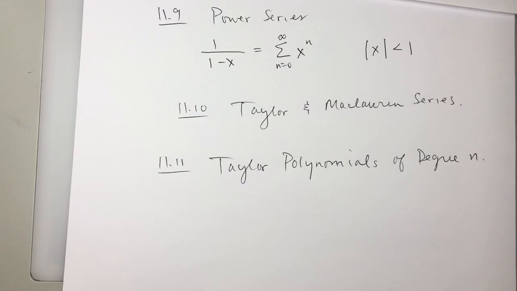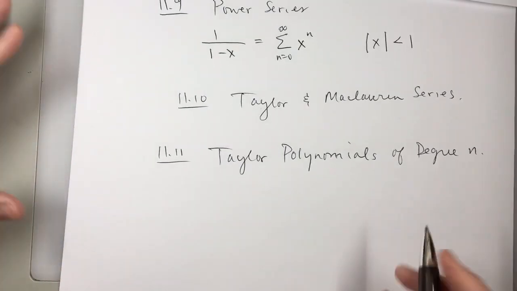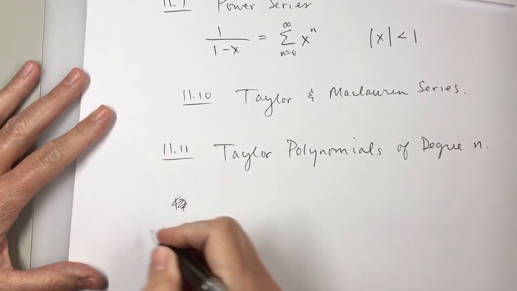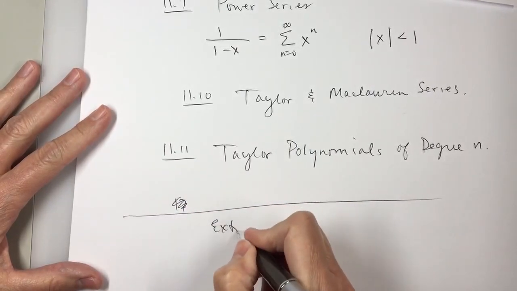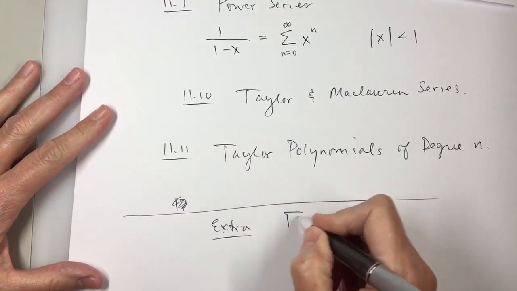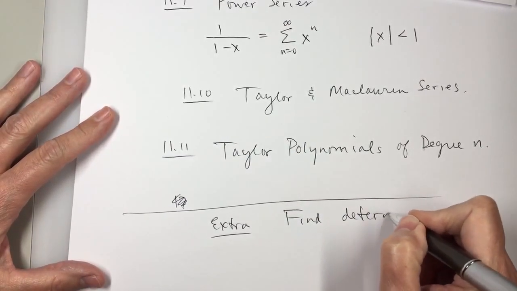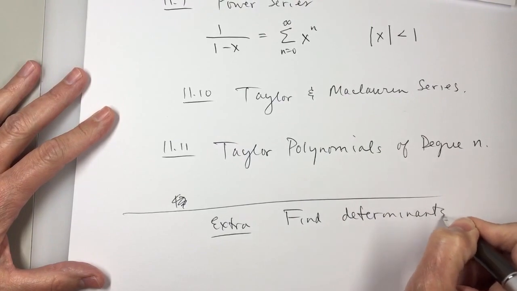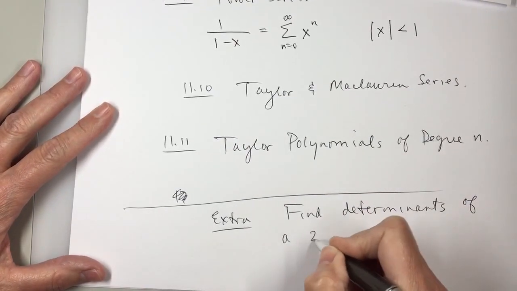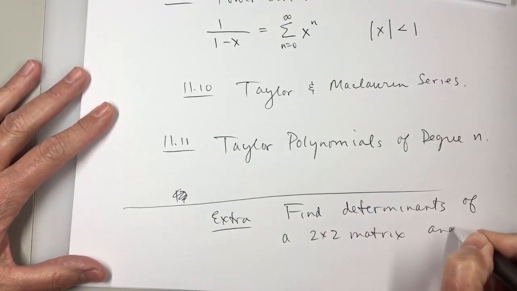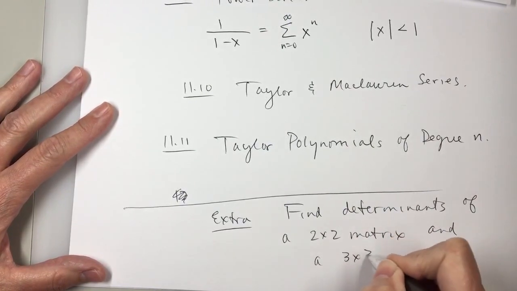Cut it off at degree n. It's just some of the terms of the Taylor series. And now, extra, be able to find determinants of a 2 by 2 matrix and a 3 by 3 matrix.